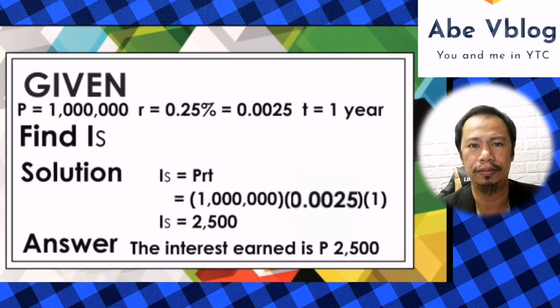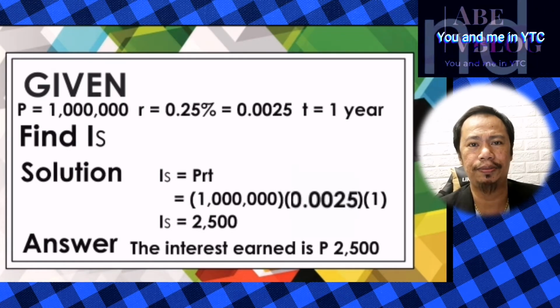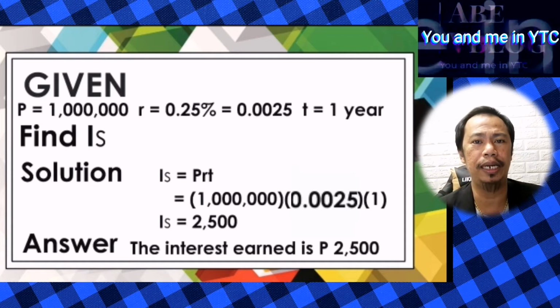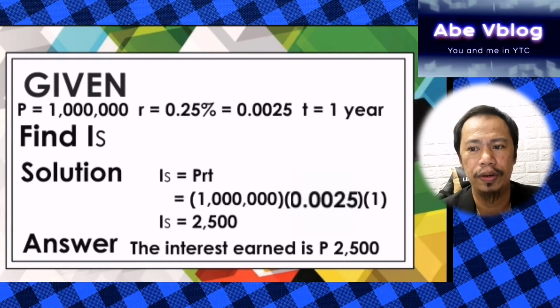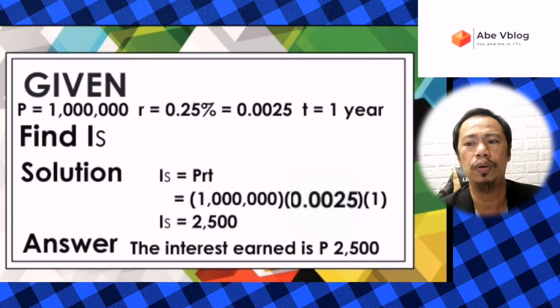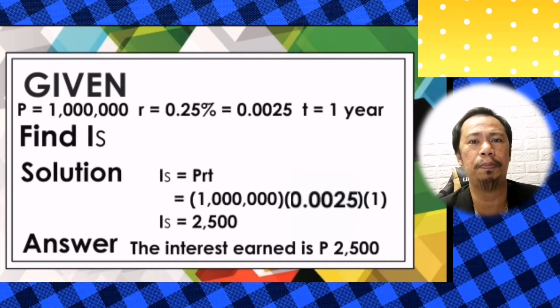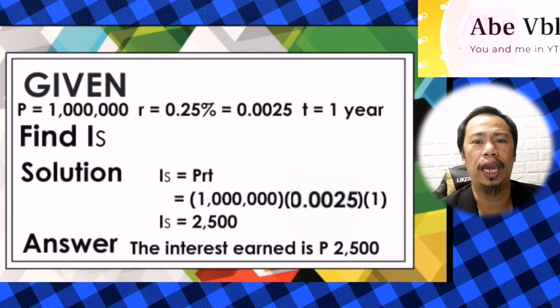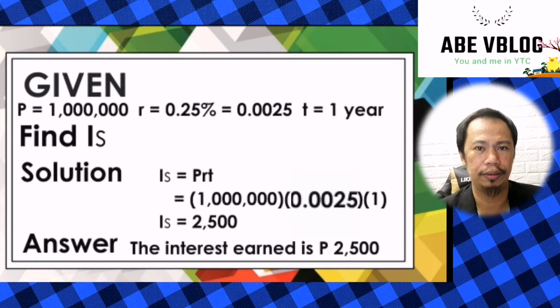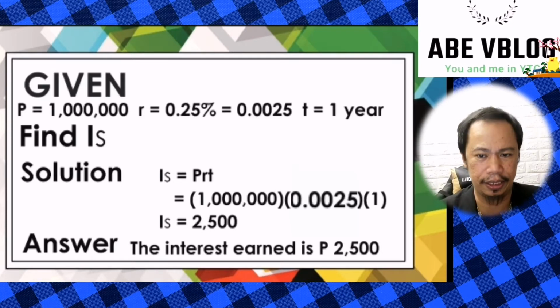So to solve this problem, the first thing that we're going to do is to write the given. Given are as follows: P, 1 million. R, 0.25% or 0.0025. We get this by simply dividing 0.25 by 100. And T is equal to 1 year. We are asked to find Is.